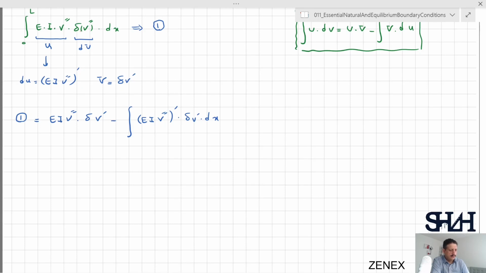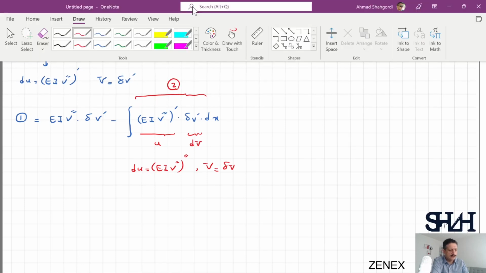Again, we continue the same method. This time, this is u and this is dv. So du will be EI v'' (second derivative of v), and then v will be delta v'. I will write this as equation number 2. And I substitute.